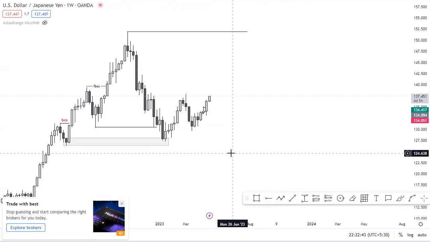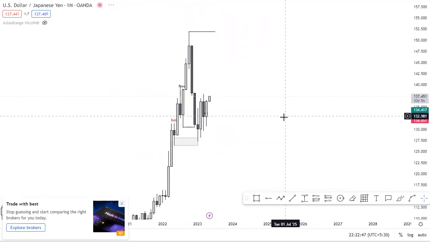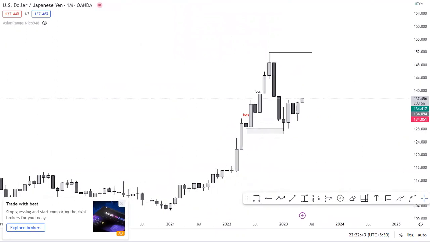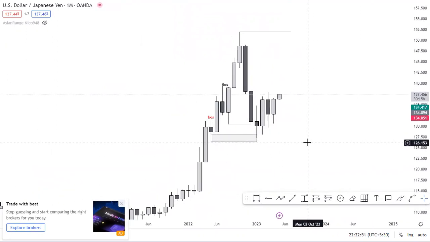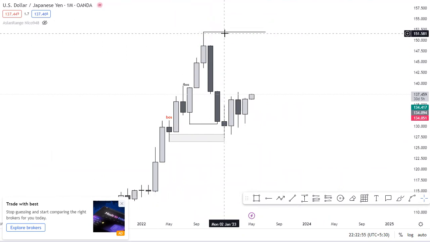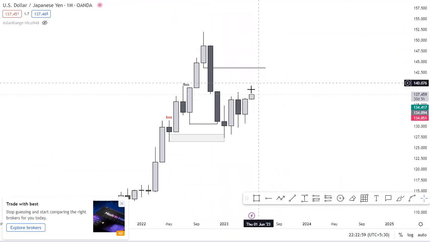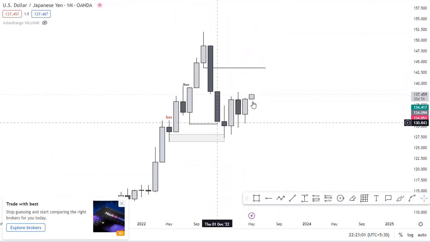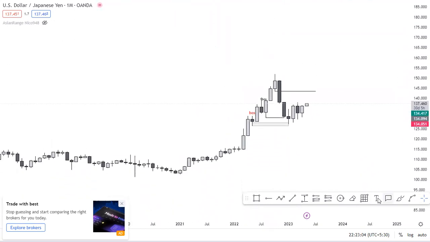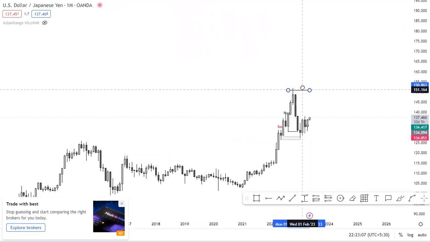Let's see, okay? But I didn't finalize my results yet because we have a strong supply. Let's see. But it has the potential to move higher. That's what I know. It has a great potential to go higher.